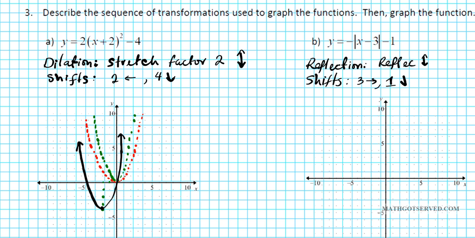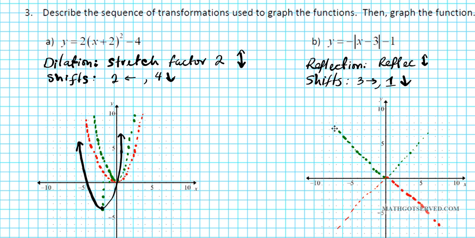Okay, so originally we have your typical absolute value function, something like that. And then we're going to reflect it downwards. When you reflect it downwards, it goes down like this, just like your V function.